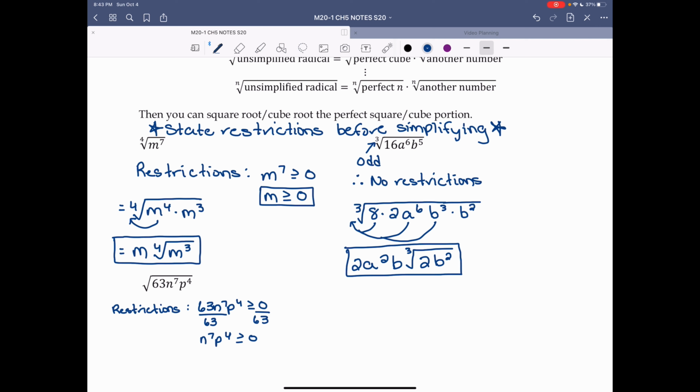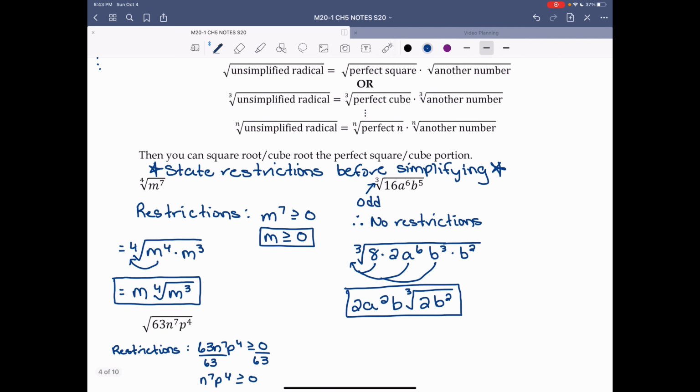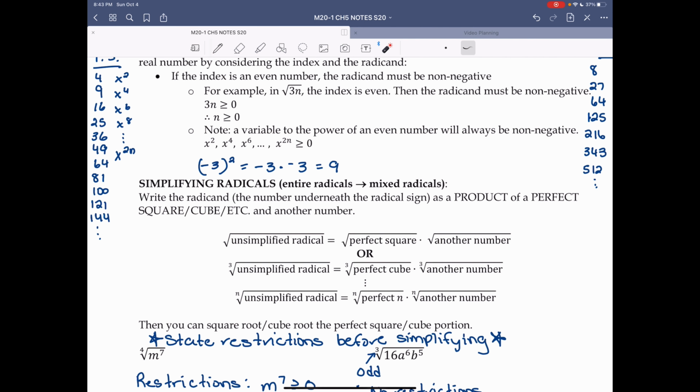And then let's take a look at our variables. We have n to the 7, so that's an odd exponent. And then we have p to the 4. But we said up here that a variable to the power of an even number will always be non-negative, because we had this example, negative 3 squared is negative times a negative, which gives us a positive.